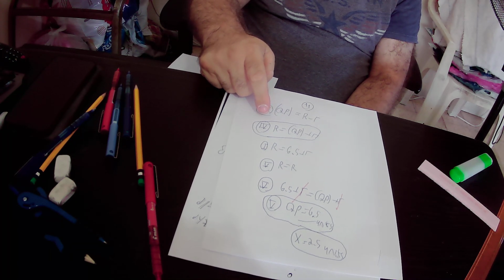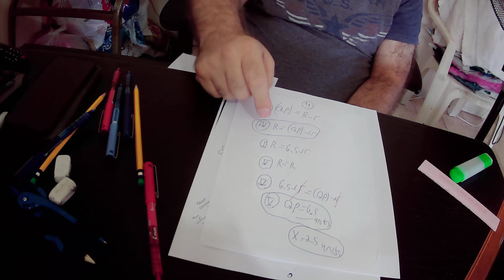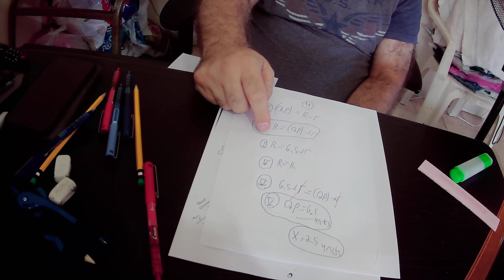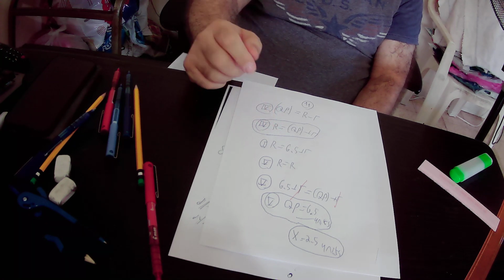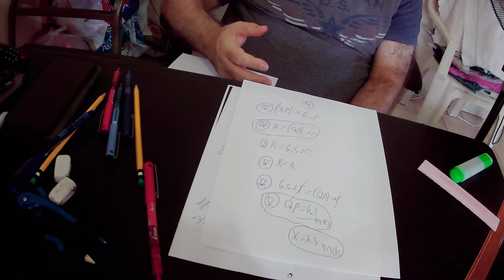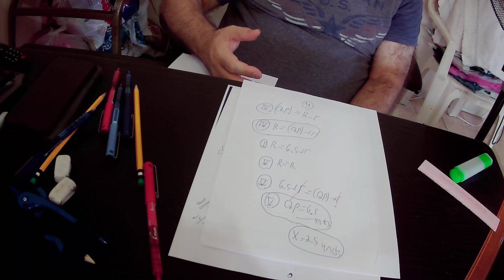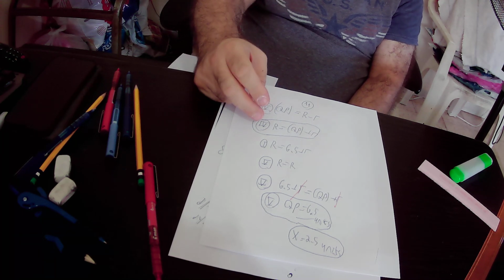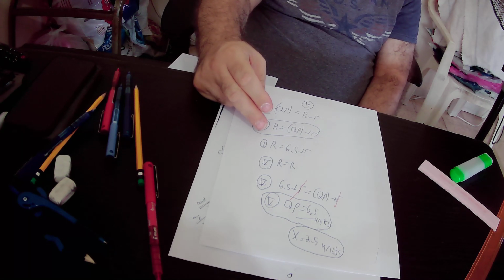From this equality we got that capital R equals QP plus small r, and we have equation number 1, which states that capital R equals 6.5 plus r. These are two different expressions of the same radius of the big circle, so of course they are equal to each other.